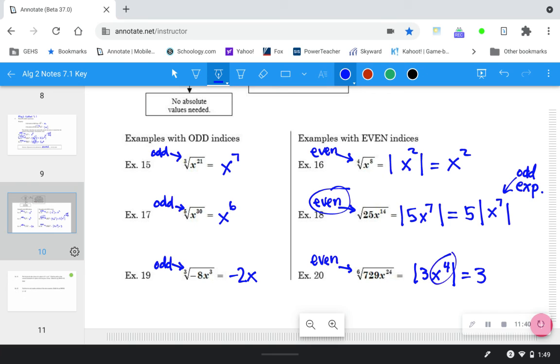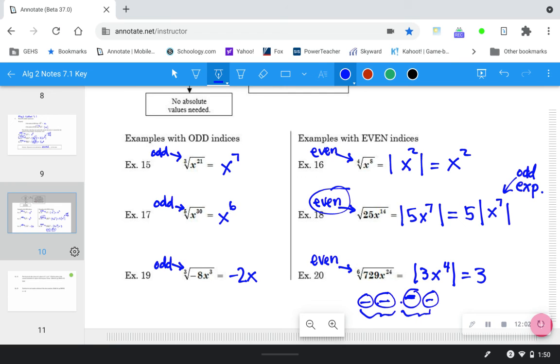But this x to the 4th, if you think of all positives, like positive times positive times positive times positive, or even all negatives, negative times negative times negative times negative, well, they pair up, and those give a positive, and these give a positive.